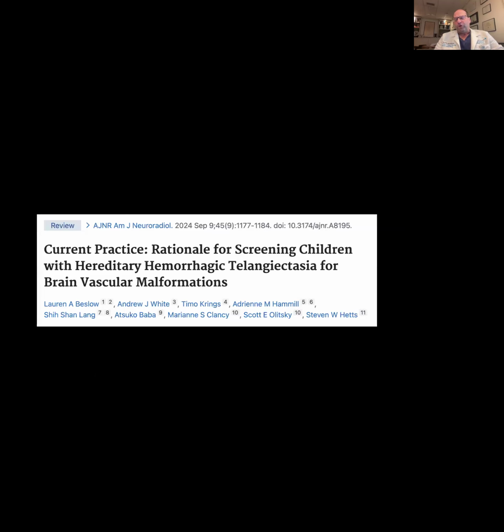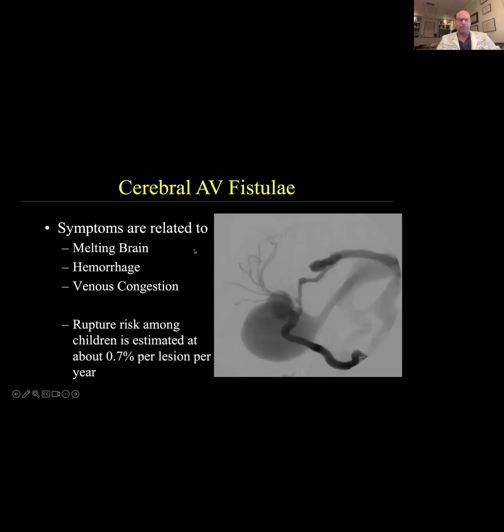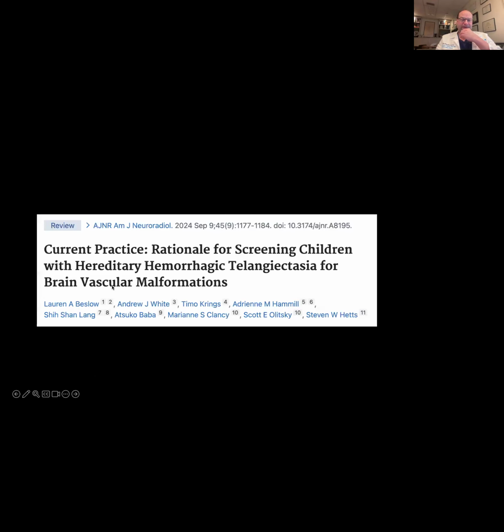Now, because these diseases can cause such significant problems in the young age group, our opinion, which has been recently published in the American Journal of Neuroradiology, which is the largest journal in our field, is that there is a rationale for screening of children with hereditary hemorrhagic telangiectasia.